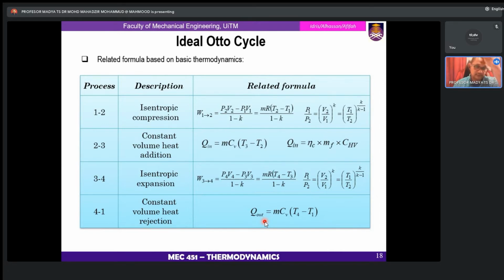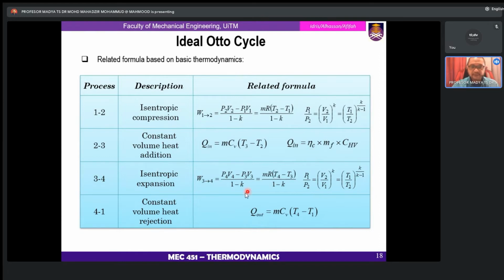At process number one, work done can be found based on this formula. Because this is an isentropic process, you can use these three related properties formulas. For constant volume heat addition, if you want to find Q in, this is the formula that can be used, and Q in can also be found from the efficiency of the combustion chamber.